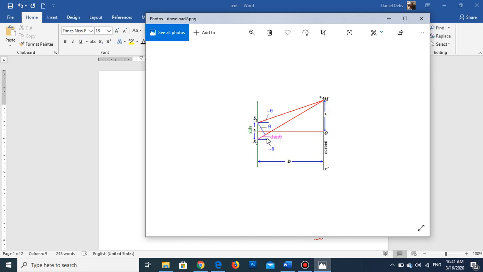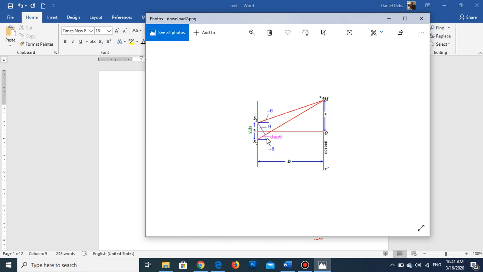Thus, we study the optical path difference at a point M on the screen. It is simply given by delta. We say delta M is the optical path difference at a point M.